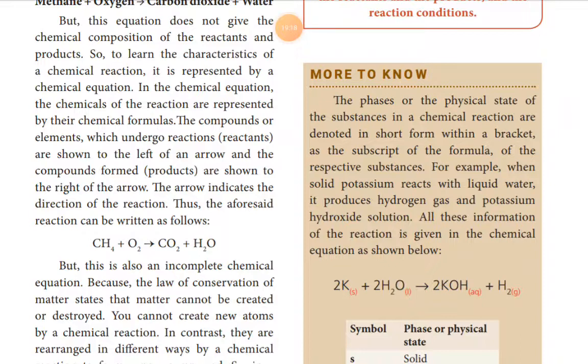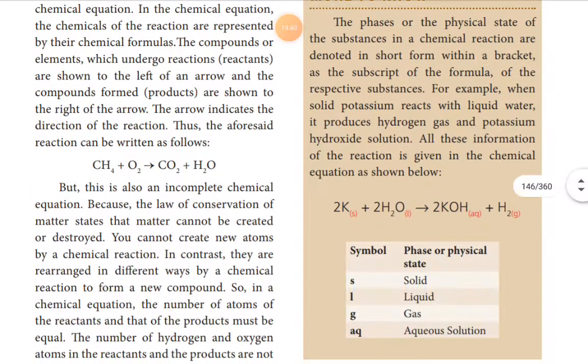That is nothing but what you learned in 9th standard: mass can neither be created nor destroyed in a chemical reaction. That you have learned in the 9th standard.